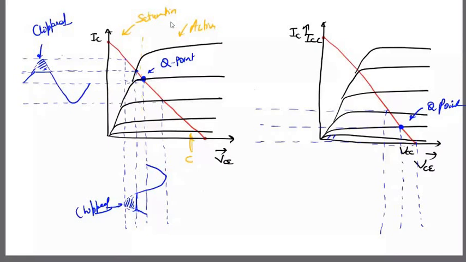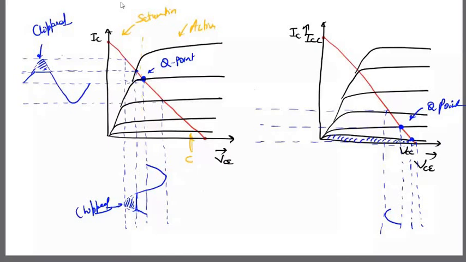So that's why we select the Q point in the middle of the active region, to avoid clipping the waveform of voltage and current. So this is the reason. If somebody asks you why we have to select the Q point, I think it is very easy to explain how you select the Q point, the operating point of the transistor.